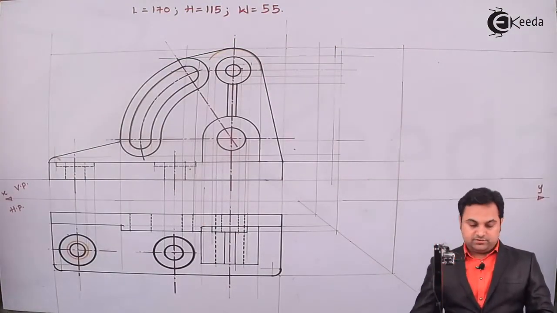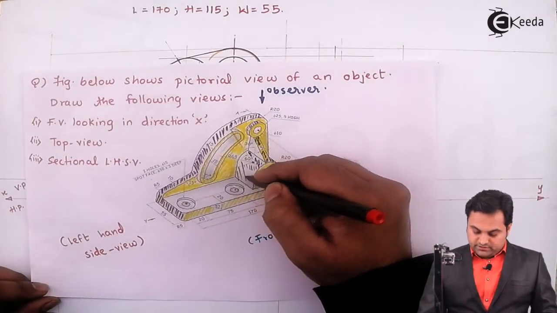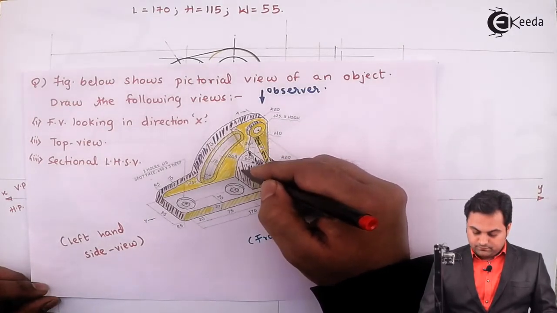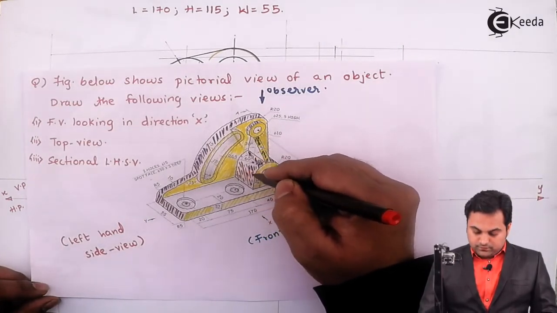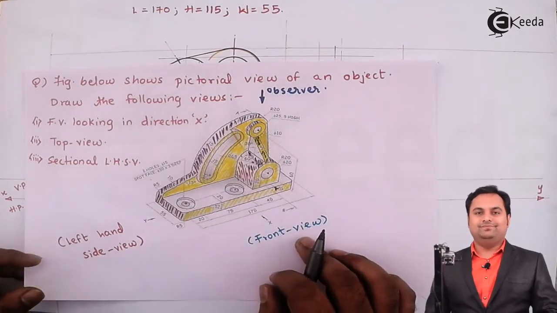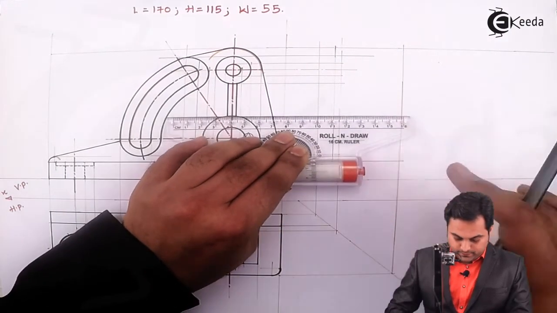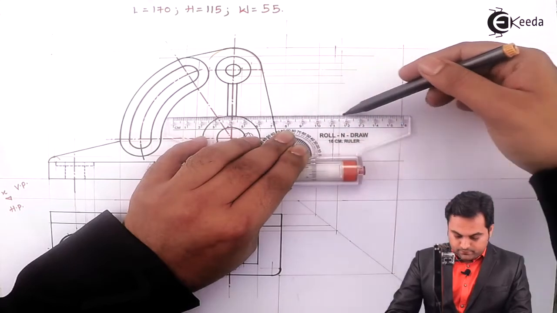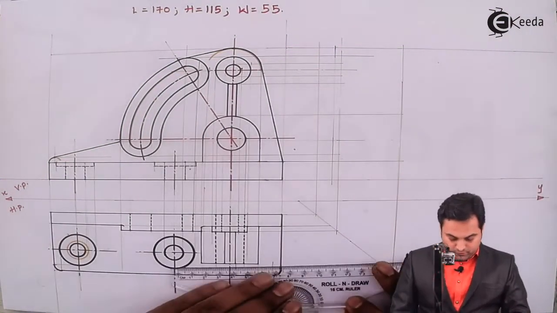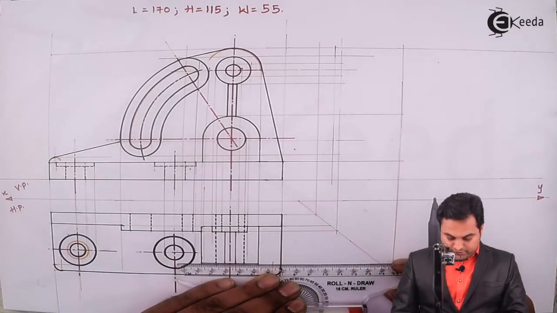Projecting both the circles, then looking from side, in that case this surface is also visible, so its height I'll get from the front view, width from the top view. This is the height of the surface, which is the semicircular part, and here I am projecting the width.